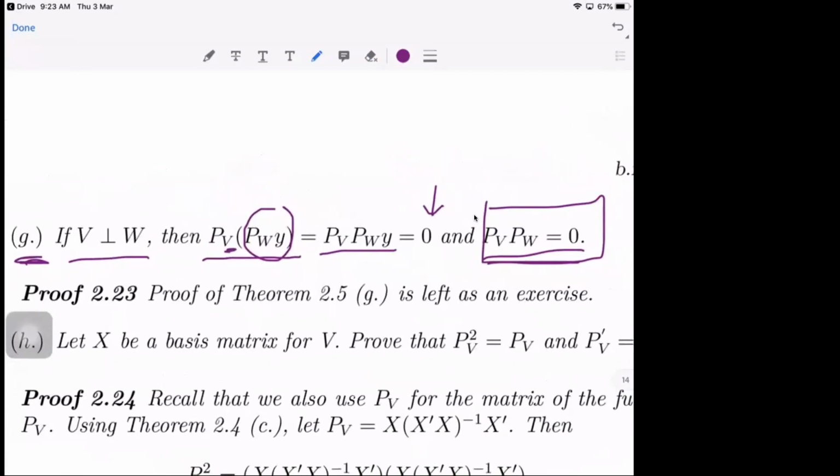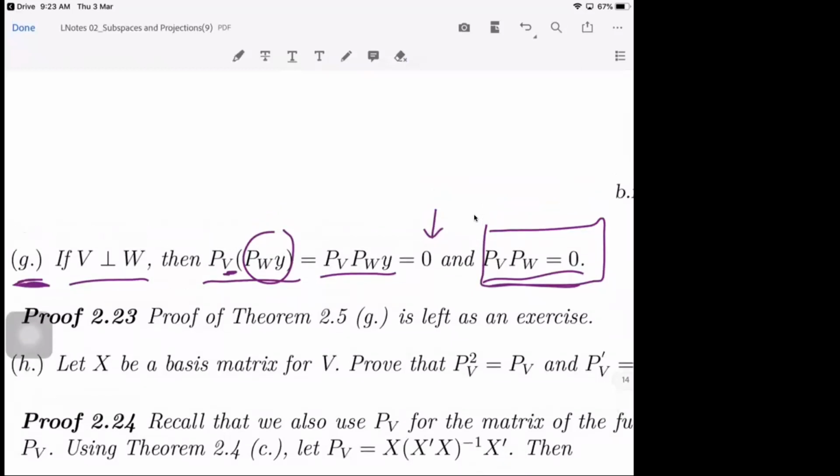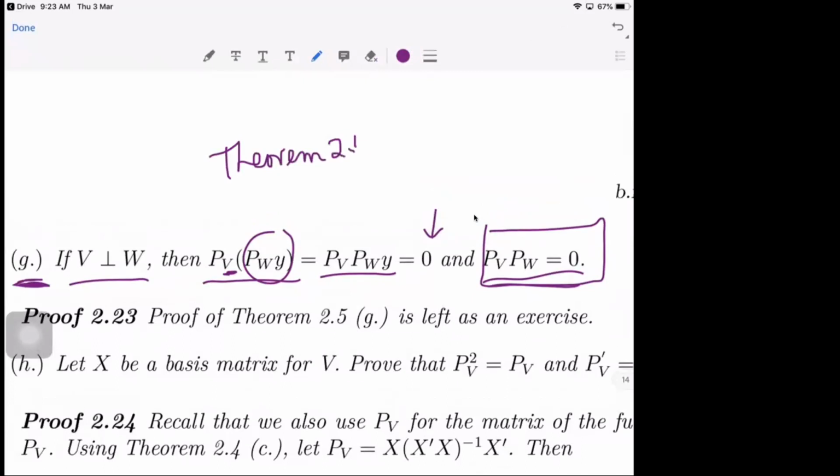This is just similar to the earlier, except that what we'll use is theorem 2.5 C, part B, 2, which says that the projection of y onto V is 0 if and only if y is in V perp, no?